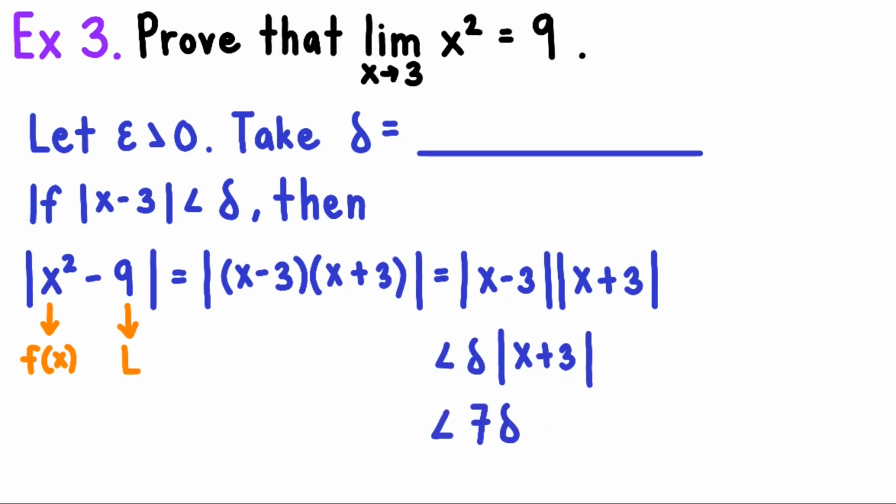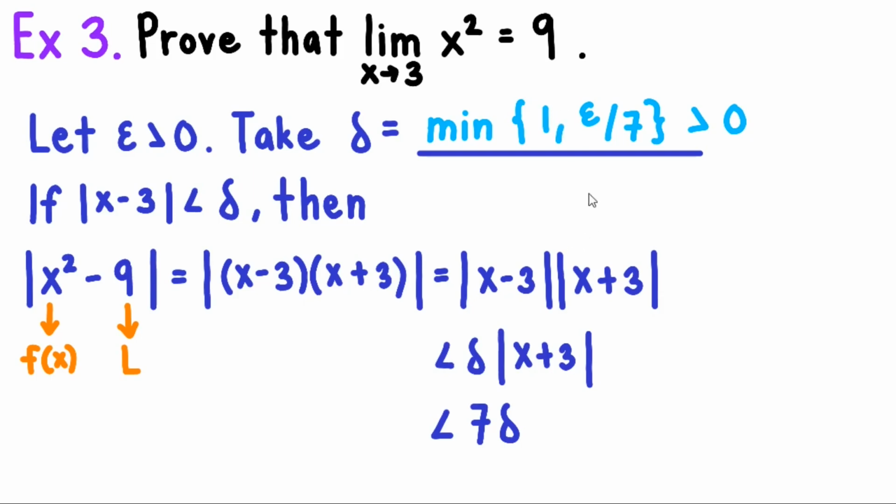So we have this. Now the next step is to choose what delta we want. The delta that we would be choosing is the minimum, or the lower value, between the two numbers 1 and epsilon over 7. And you'll see why later on. Actually, let me explain how it works now.